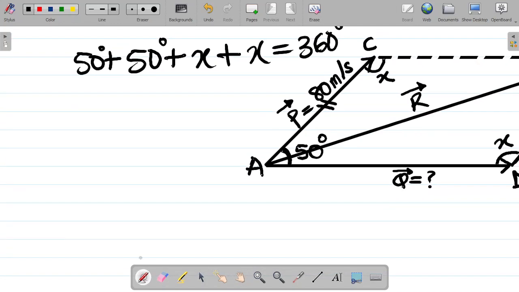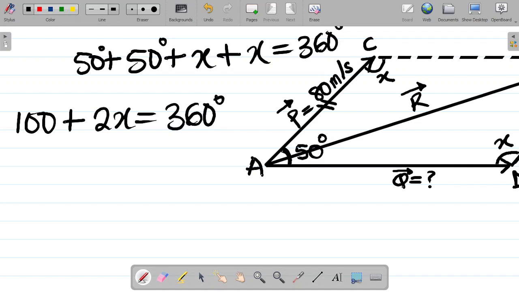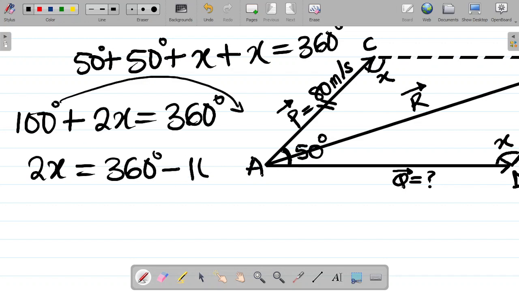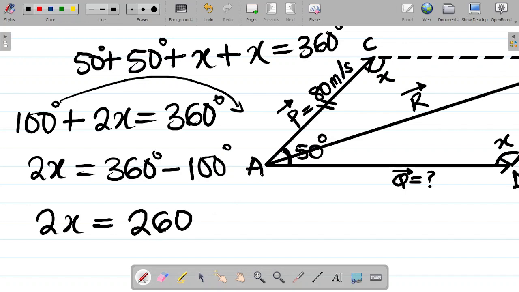Combining this, 50 plus 50 is 100, plus 2X is equal to 360 degrees. So 2X will be equal to 360 minus 100 degrees. If I subtract that, my answer would be 260 degrees.